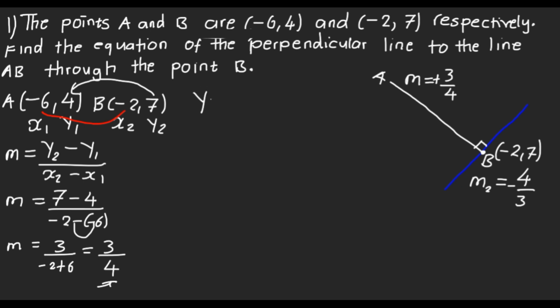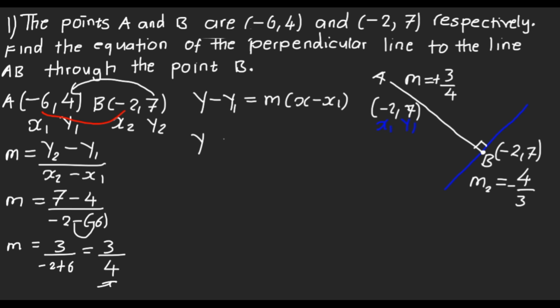So we'll say now y minus y1 is equal to gradient, open brackets, x minus x1. So from this, we are going to call this one x1, y1.